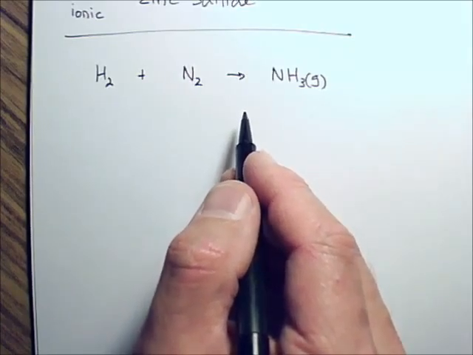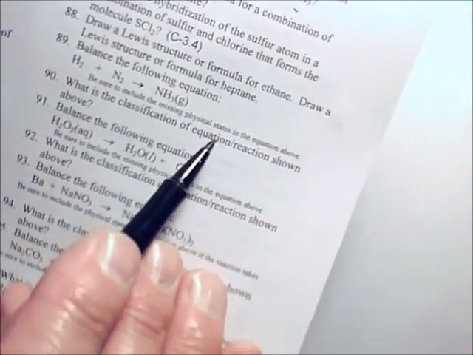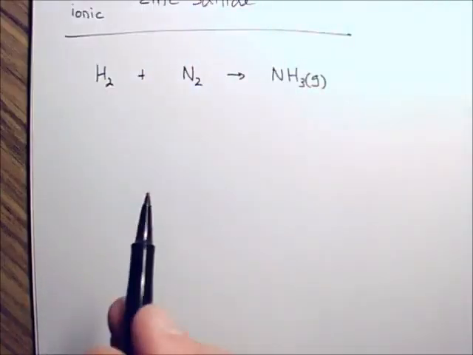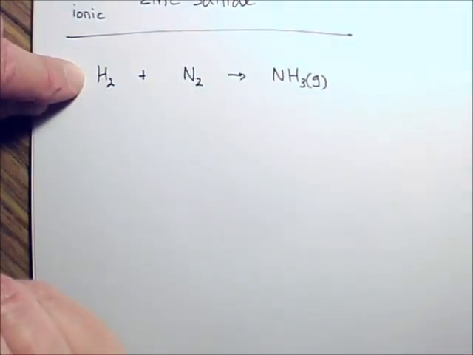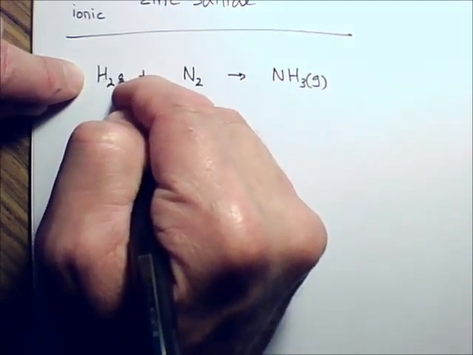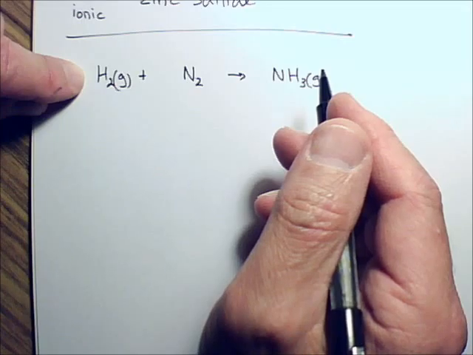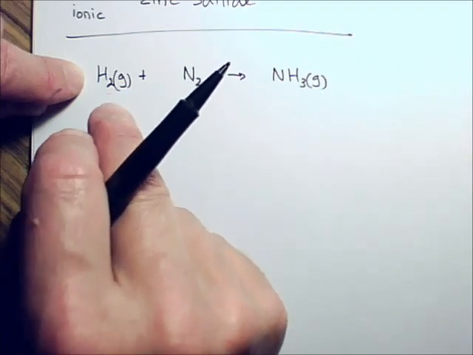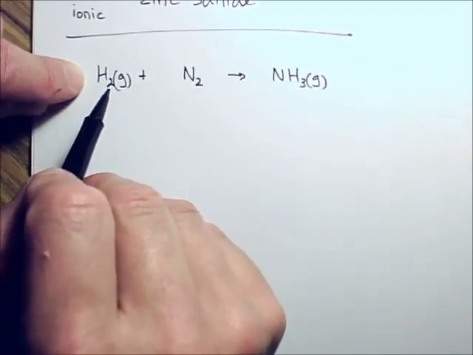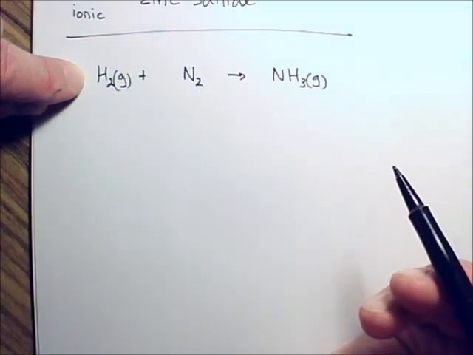All right. But let's do what it says to do, because the question says, be sure to include the missing physical states. What kind of physical state is this going to have? This is a gas. It's hydrogen. You got to know H2 is hydrogen gas. When we were doing single replacement reactions, if our product is hydrogen, it has to be hydrogen gas.